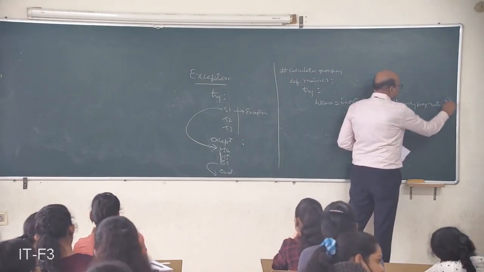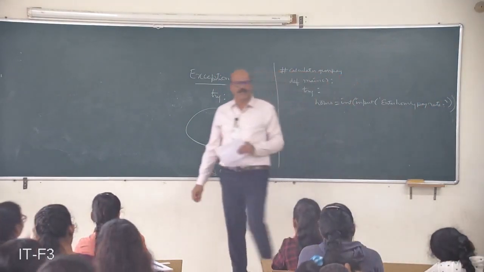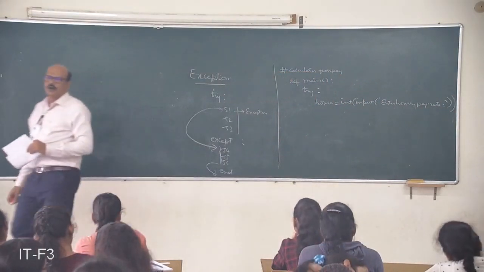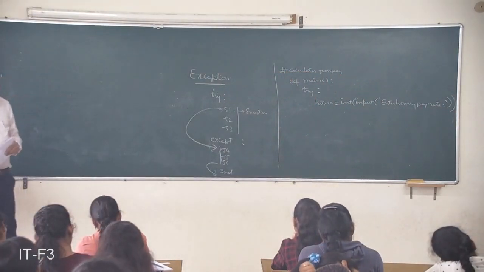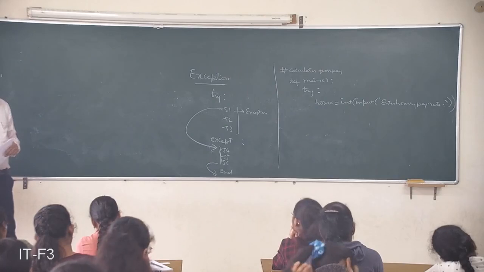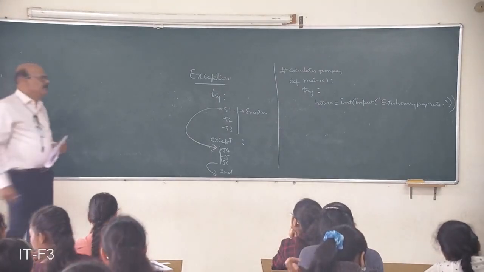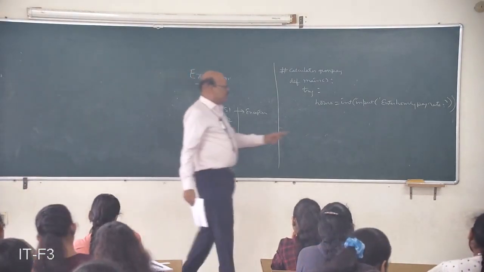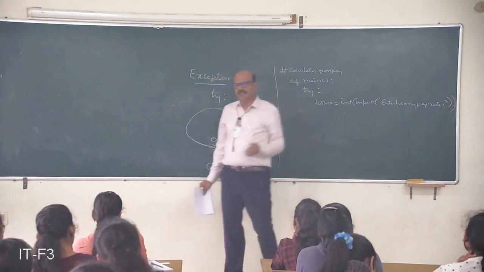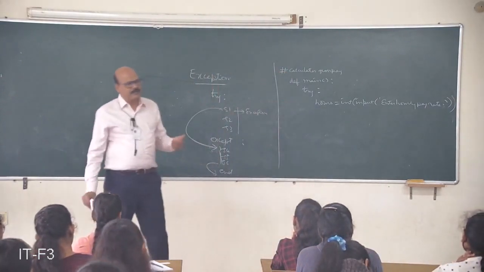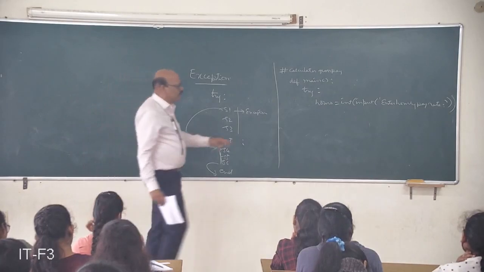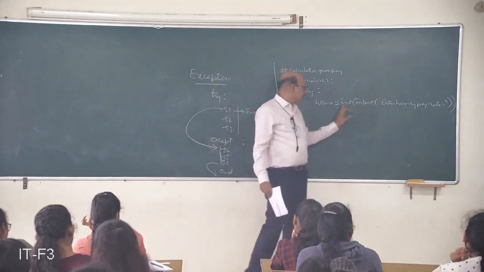What is the pay rate? Hourly pay rate means per hour: how much we need to pay the employee or the worker. For example, if the worker works for 1 hour, we may need to pay around 200 rupees or 300 rupees. That value we need to give as input for this.